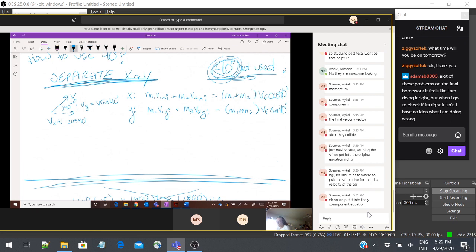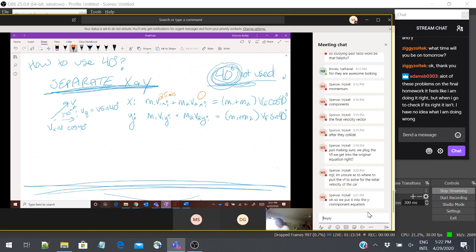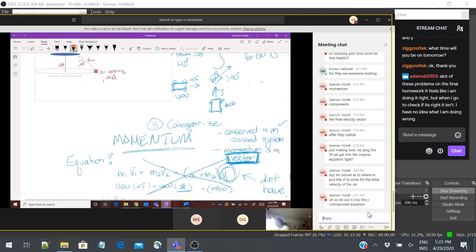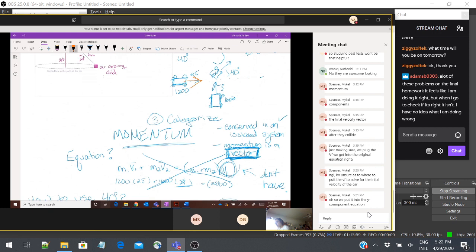You put it in the y component equation. And so where it gets interesting is that this is 25 meters per second, but this is 0 because our car is traveling horizontally, but our truck is not traveling horizontally. Let's say this is east. This is not traveling east at all. It is making no easting. That is a technical nautical term.